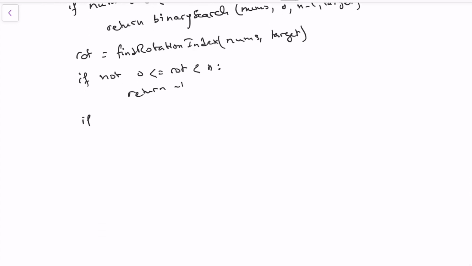So if target is smaller than the first element, that means that the target is on the right portion, right after the pivot, and so we need to search using our binary search method.